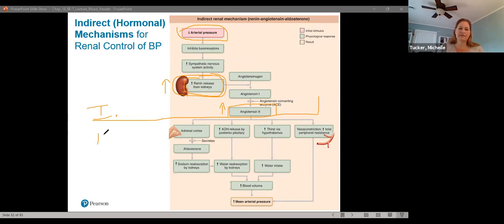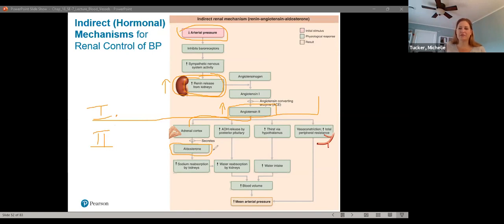Then the second phase is that there are 4 functions of angiotensin II. Angiotensin II can act on the adrenal cortex to secrete aldosterone. If you remember, again, endocrinology, coming back to haunt you.